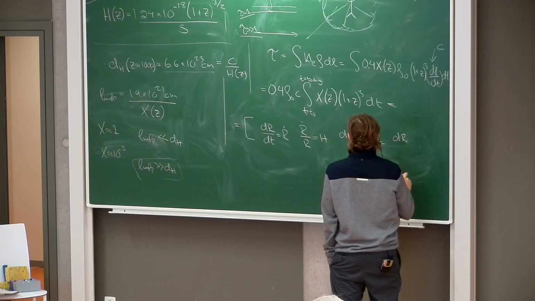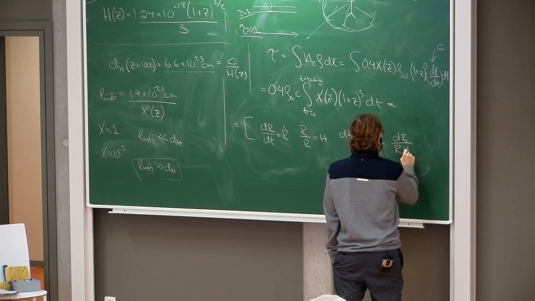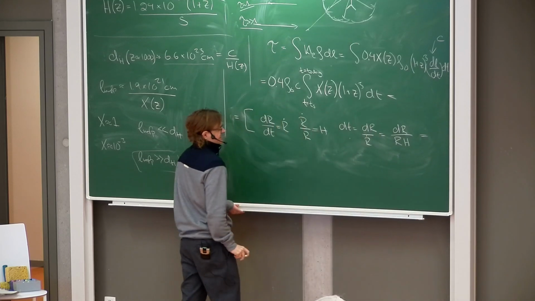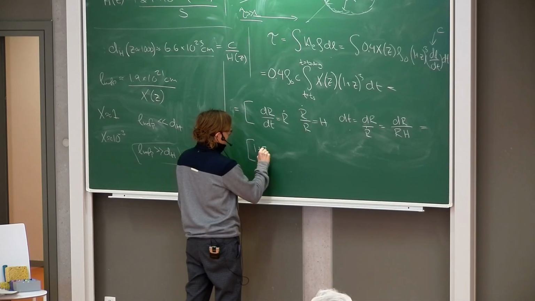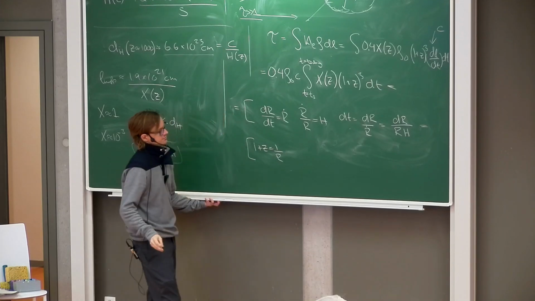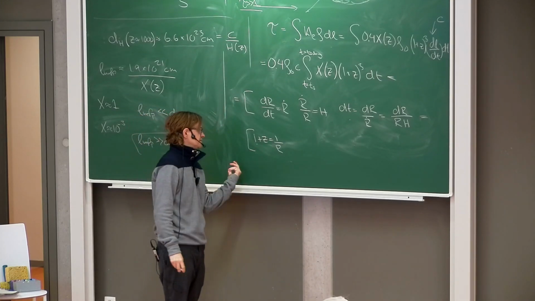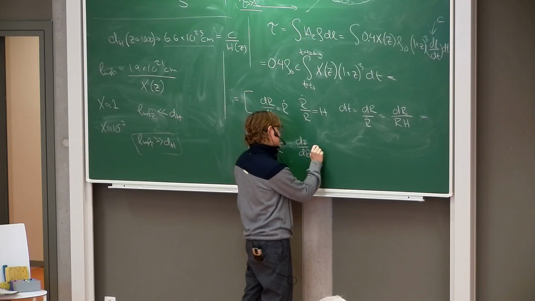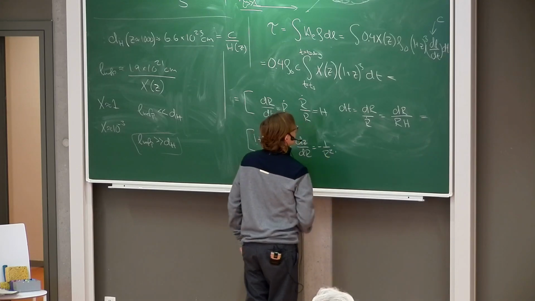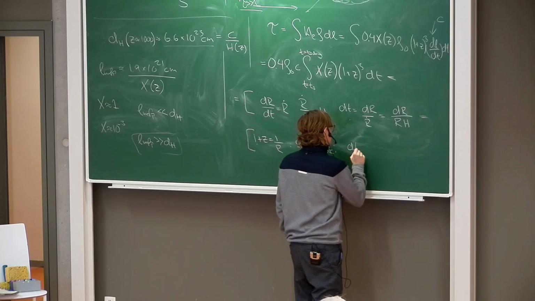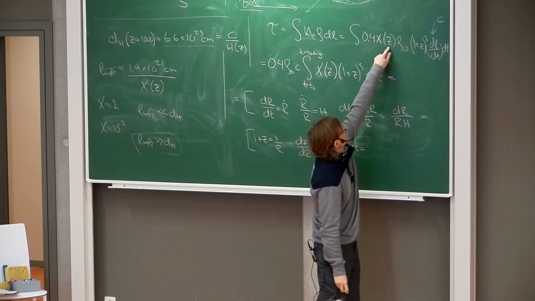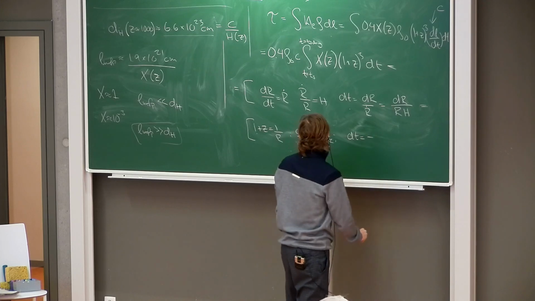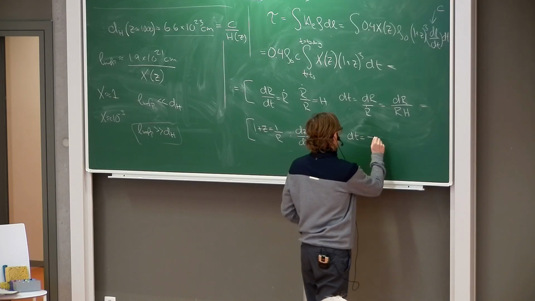dr divided by r h, which is now a function of c. But now we want this, of course, in c space, so we want to do another one. We remember we had this the last time. This is the relation between the scale factor and the redshift c. It's just a straight relation like that, such that dc dr is minus 1 over r squared, which means that dt ultimately expressed in the redshift c, which we can integrate then, is going to be minus dc.